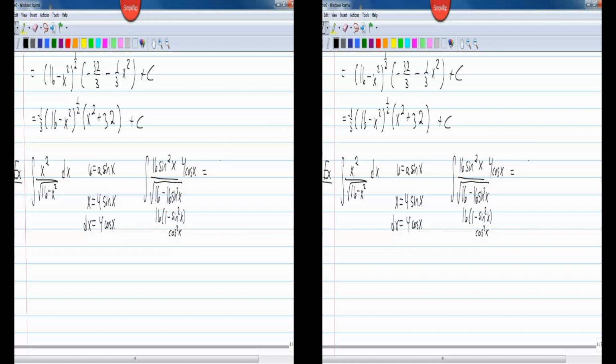So I'm going to have the integral of 16 sine squared, and I know I'm using x's, but I'm supposed to be using theta, so those are all theta, theta, theta, and that's d theta. You might want to get in the habit of doing that. Once you make your substitution, change all these to theta.